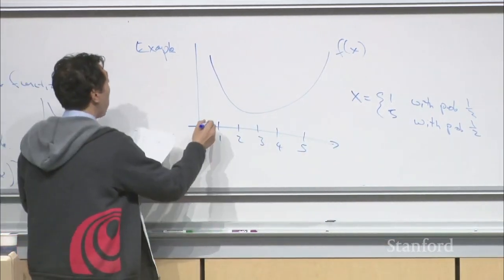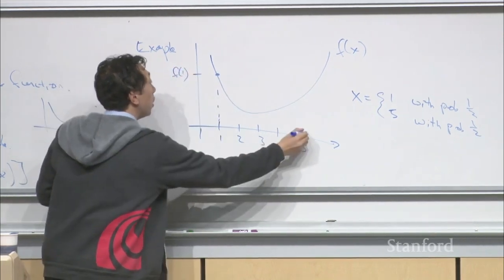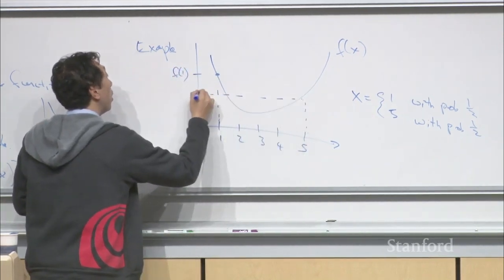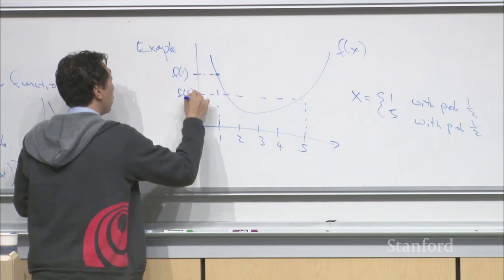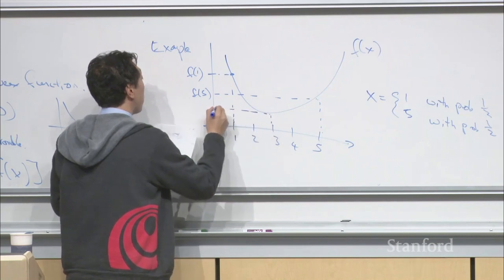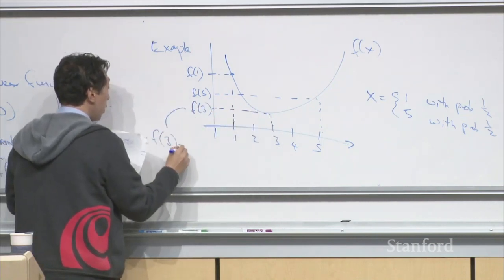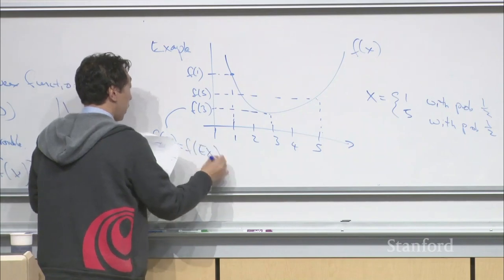Then here is f of 1. Here is f of 5. Here is f of 3. And f of 3 is f of the expected value of x, right?